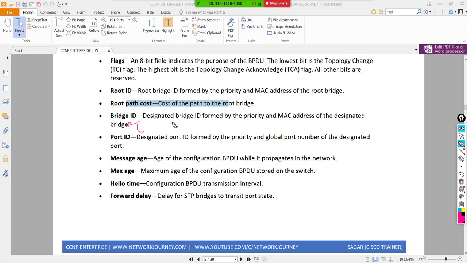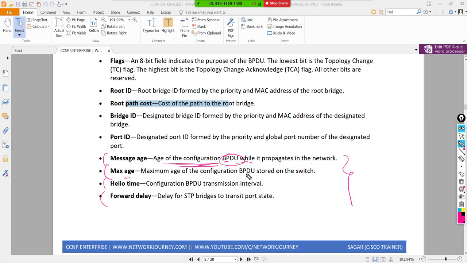Bridge ID is the local information. Port ID is your 128.1, 128.2, which I just showed in the spanning tree address table. Message age, max age, hello timer, forward delay: these are some information about the messages. Let's say the BPDU message, for how long this BPDU was revolving on that network, the age of the BPDU, the age of the configuration BPDU.